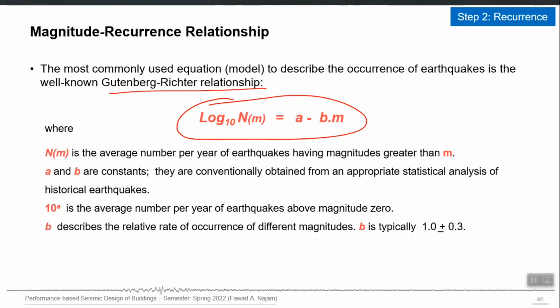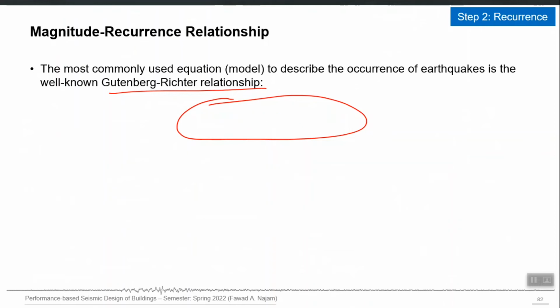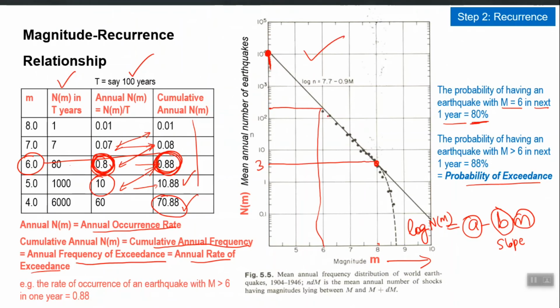Generally, what we actually do is, for each seismic source, we plot these black dots, because each black dot is coming from the data, right? So I will have 1, 2, 3, 4, 5 dots on this line. First I will have 5 dots, and then I will select a straight line which will best fit those 5 dots, right?